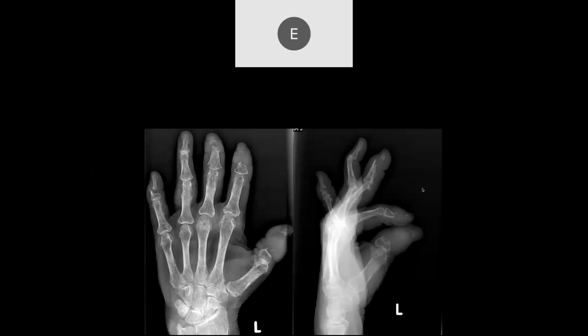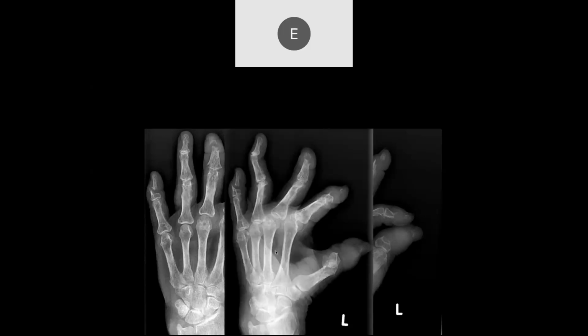Okay, good. Right, just erosion of that first proximal phalanx, and the distal phalanges. With the soft tissue thickening adjacent to these erosions, I would think of gout again.